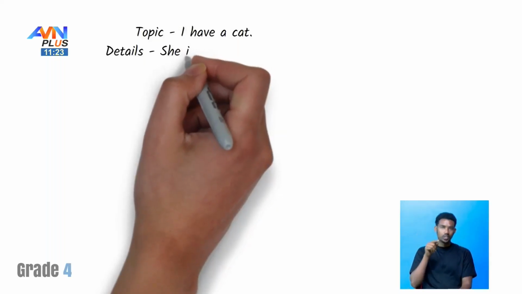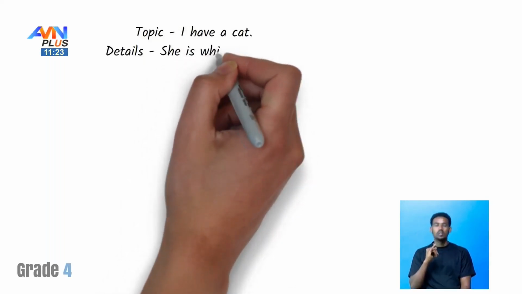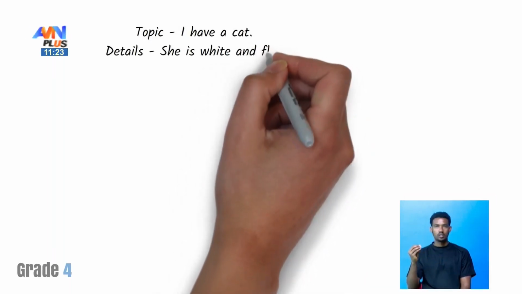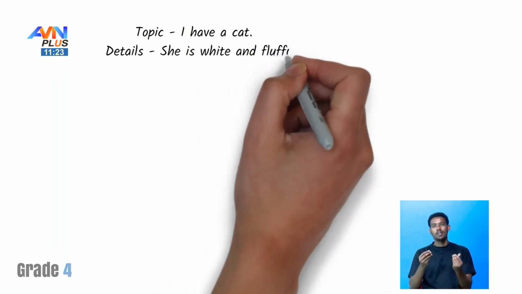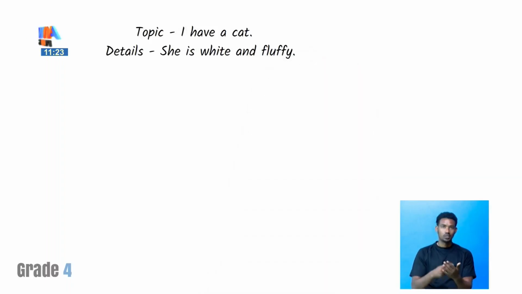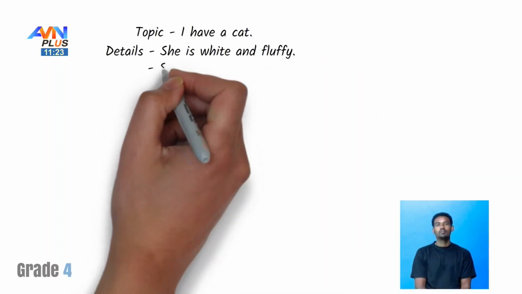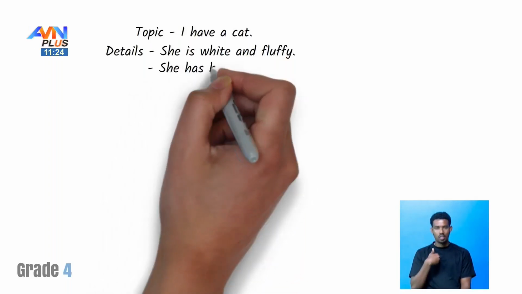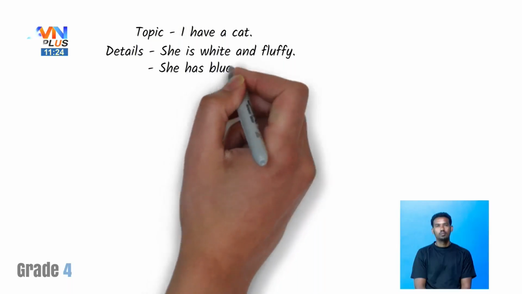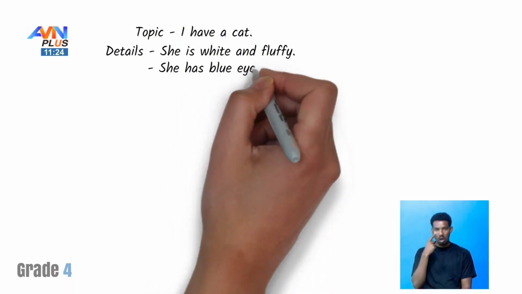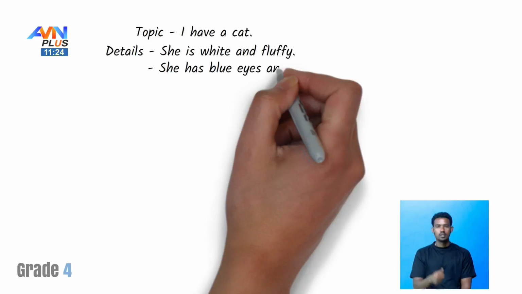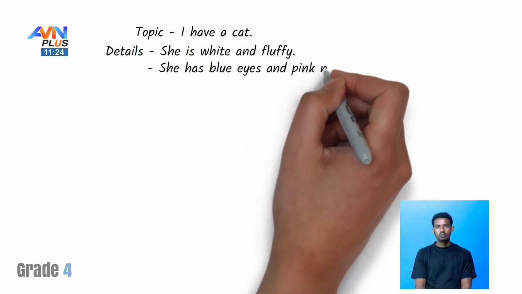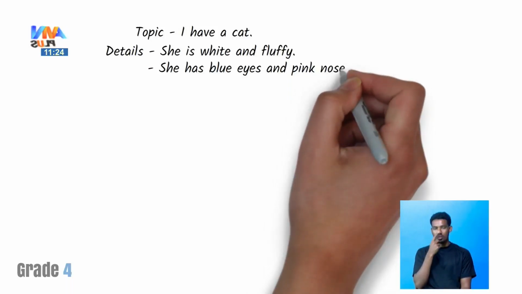She is white and fluffy. This is one detail, and let us add more. She has blue eyes and a pink nose. This is the second detail, and let us add more.